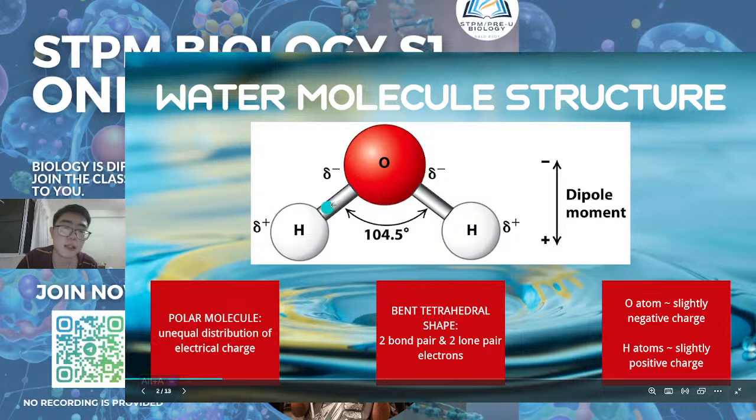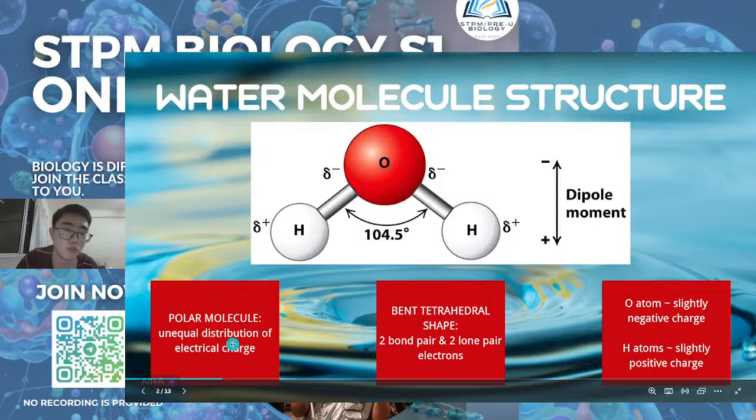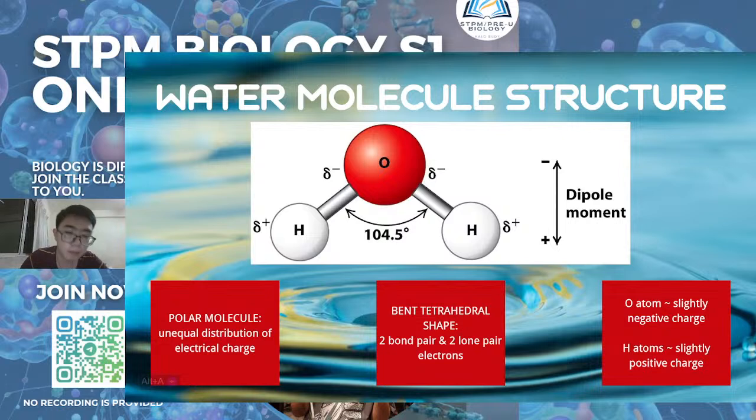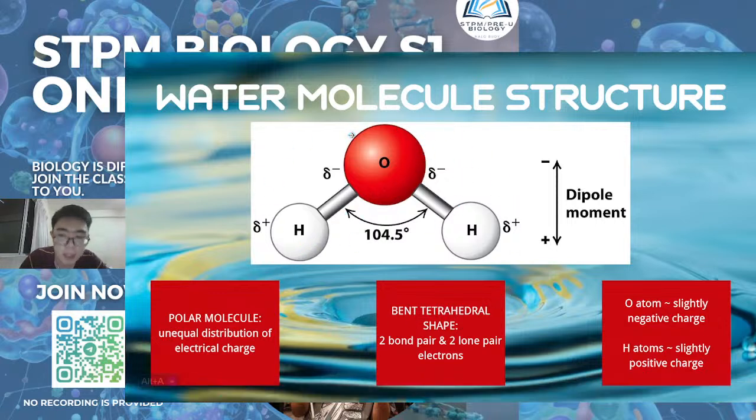Between the oxygen and hydrogen atoms, the charge distribution is different, totally different. This is why we call it unequal distribution. You already know why we call it a polar molecule: because of unequal distribution of electrical charge. So we can consider water as a polar molecule.